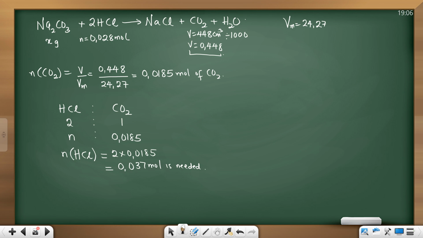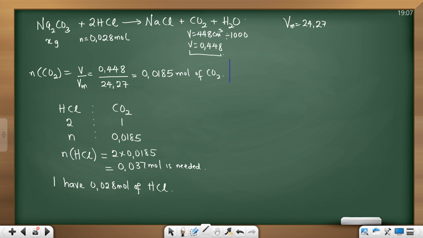But how many moles do I have? I have 0,028 moles of HCl. Which one do you think is the limiting reagent now?